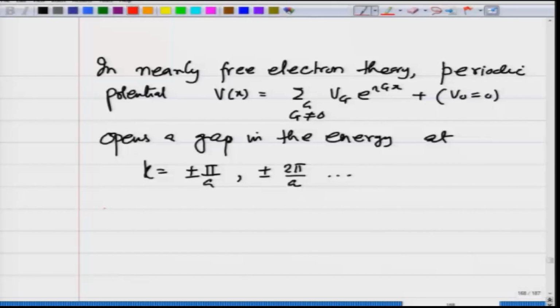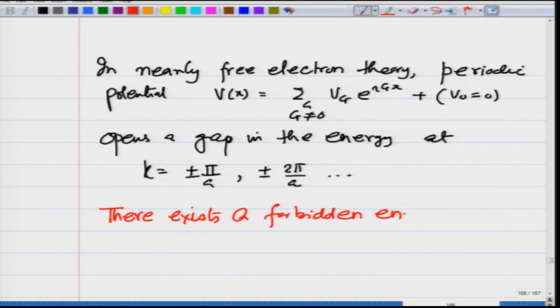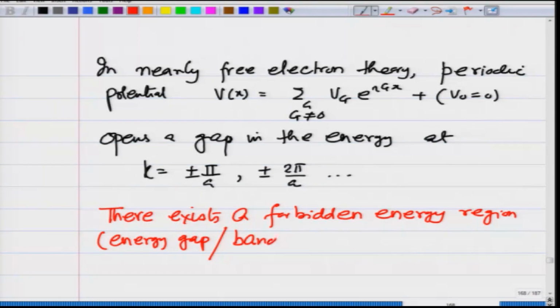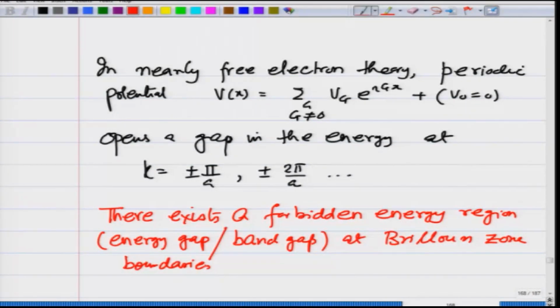So, there exists a forbidden energy region or an energy gap or a band gap at Brillouin zone boundaries. This is the conclusion of this lecture. We will make it more rigorous in coming lectures. Thank you.